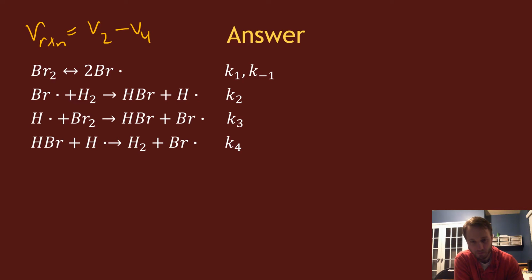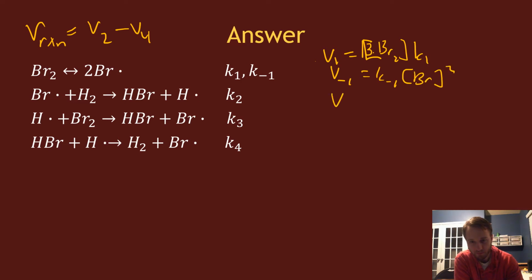Just to write out, V1 equals K1 times the concentration of Br2. V-1 is equal to K-1 times the concentration of Br squared.